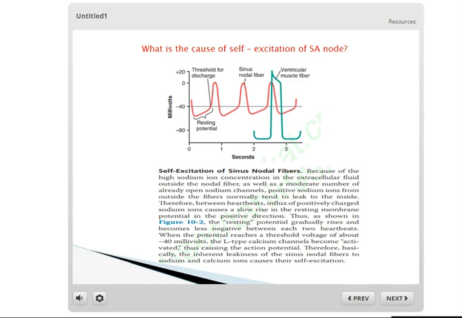This influx of calcium ions triggers the action potential, which then propagates through the rest of the cardiac conduction system. So the combination of the funny current and the resting membrane potential near the threshold potential is crucial for a spontaneous and rhythmic firing of the SA node, which serves as the natural pacemaker of the heart.